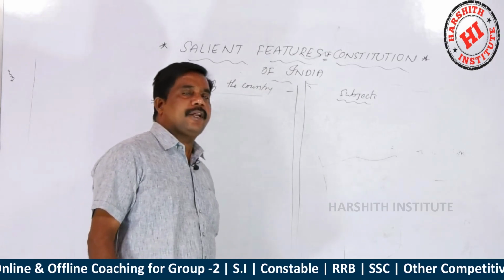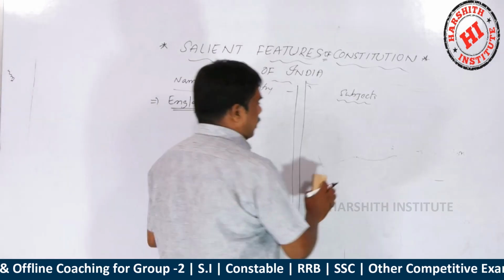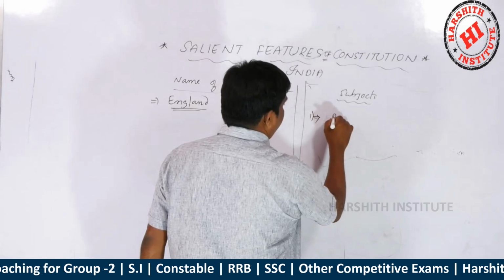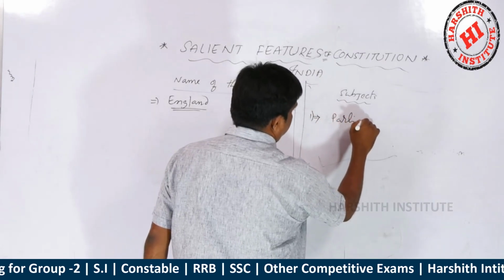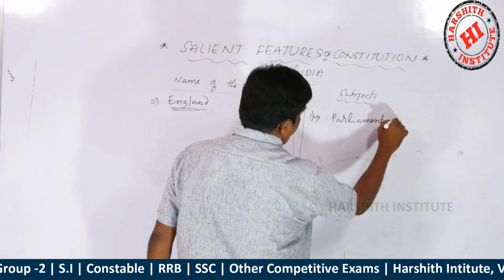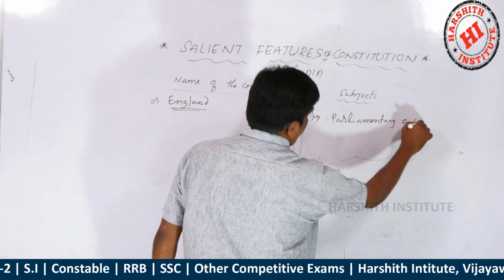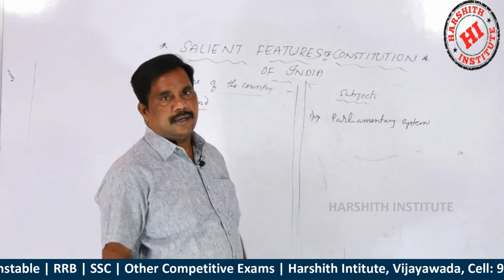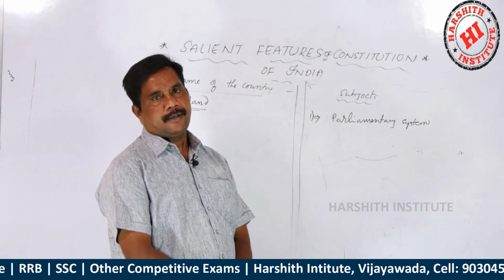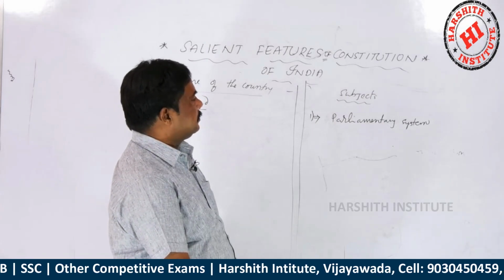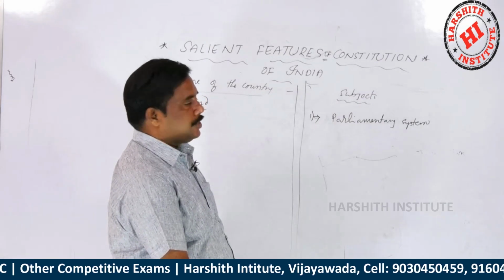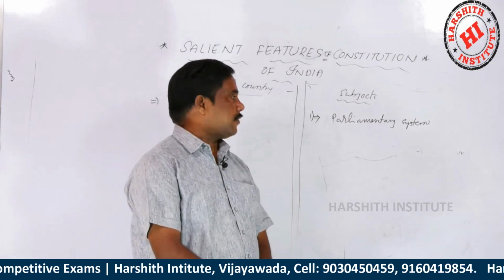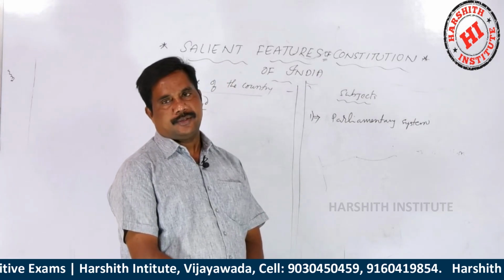What are the important points taken from the Britain Constitution? 1. Parliamentary system. This is most important. You know, the Britain Parliament has the title Mother of Parliaments. That's the first country in the world to introduce the parliamentary system. So we have taken the parliamentary system from the England Constitution.